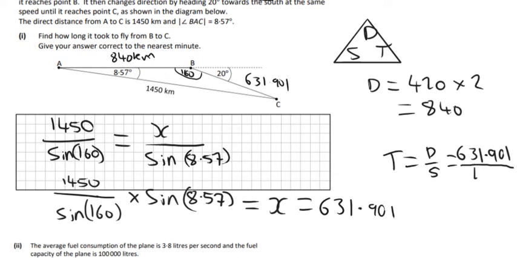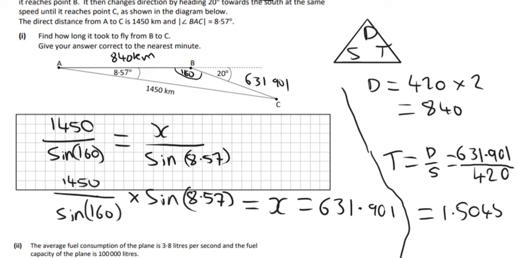It's always going to be 420. The speed doesn't change. So if you put that in your calculator then, you should get 1.506. Sorry, 1.504 5 and so on.